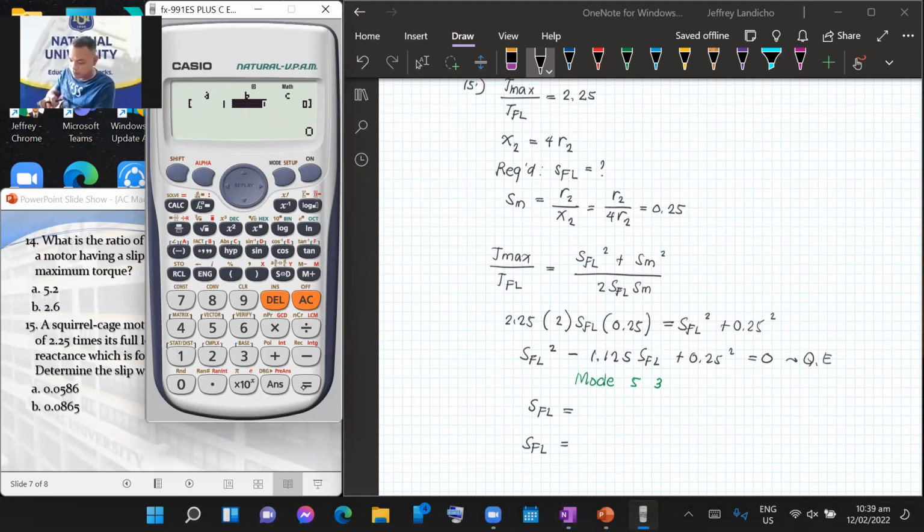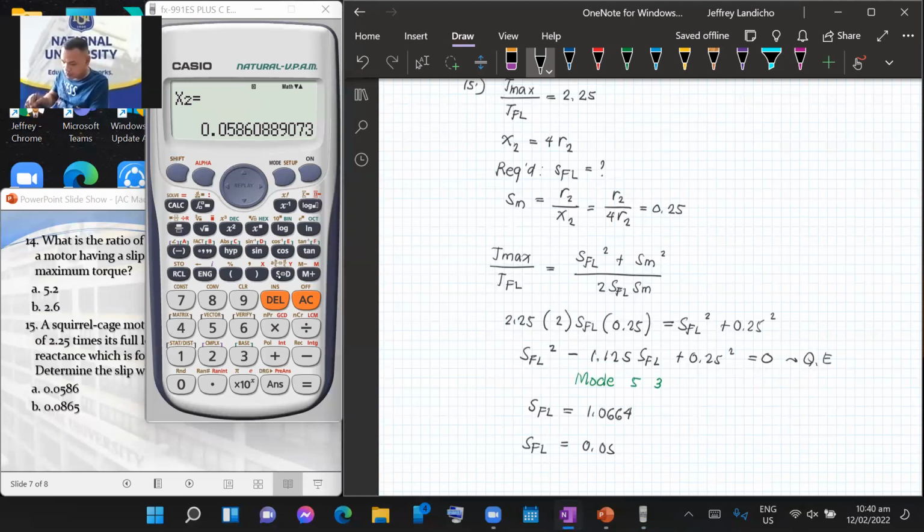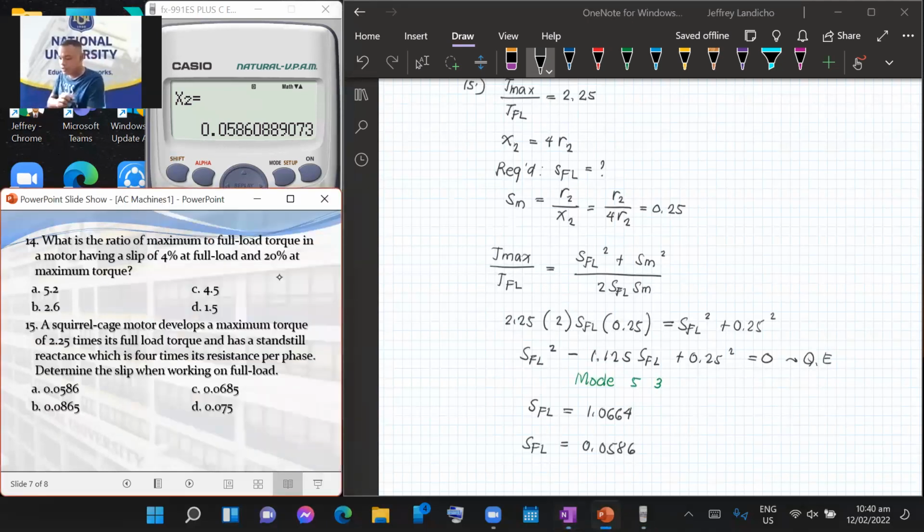So we have 1, negative 1.125, then 0.25 squared equal. So first possible value is 1.0664. The second possible value would be 0.0586. So alin ang nasa choice?